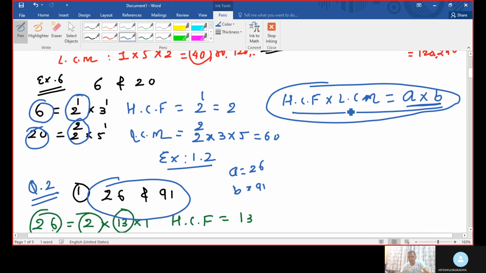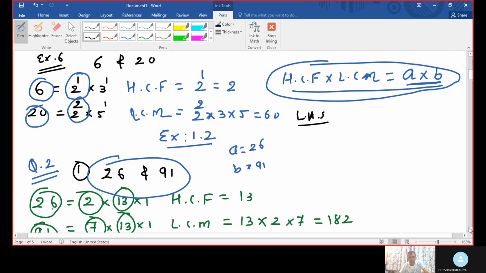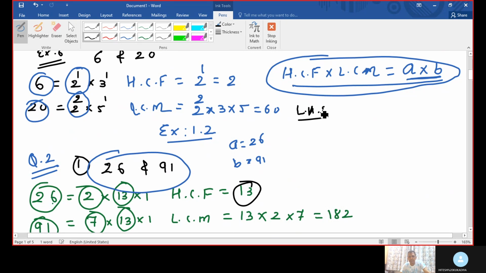Now check this result, HCF and LCM. LHS: HCF into LCM. In our question, HCF is 13 and LCM is 182.